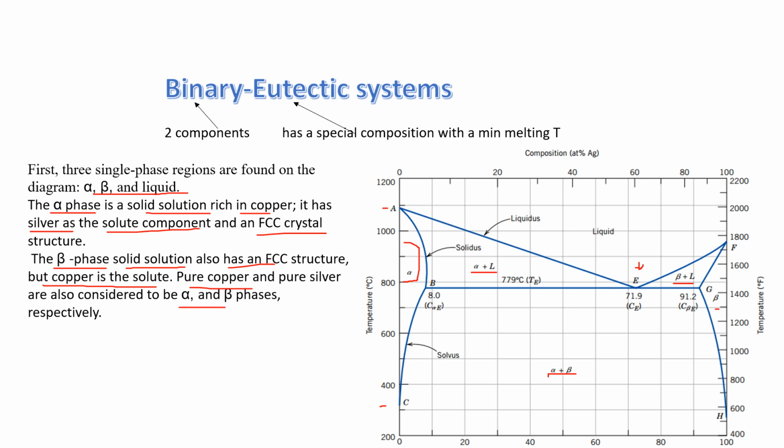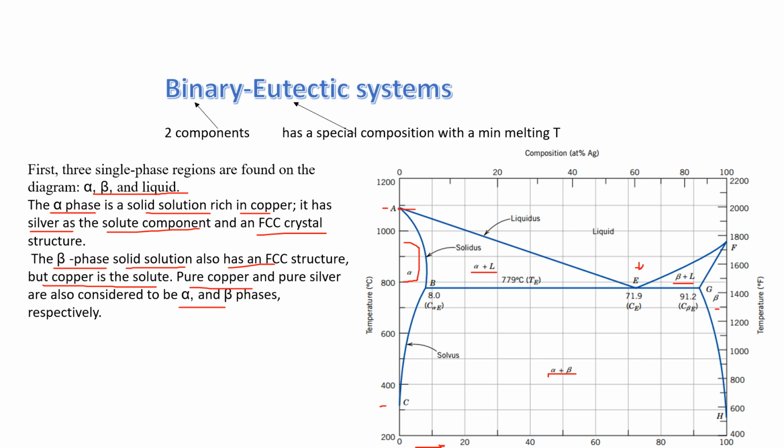Pure copper and pure silver are also considered to be alpha and beta phases respectively. The beta region, a pure solid solution, is represented by the line F, G and H on the right hand side. On the horizontal axis, the composition changes gradually from 0 to 100%. It is a silver-copper solution.